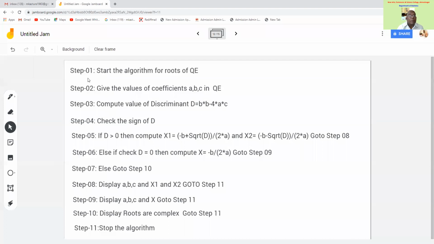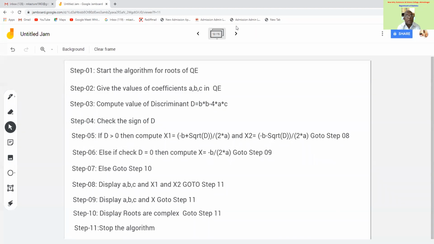Step 1. Start the algorithm for roots of quadratic equation. This is what usually we start. We have a starting step. Step number 2 is what? Give the values of coefficients a, b, c in quadratic equation.